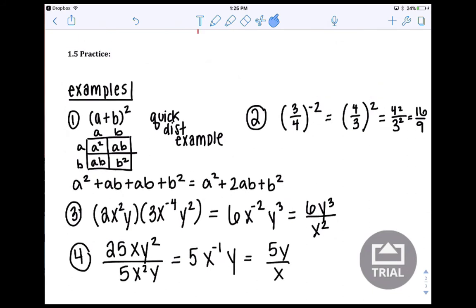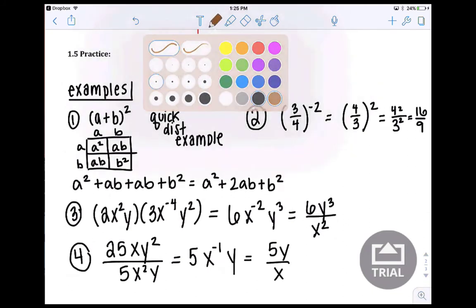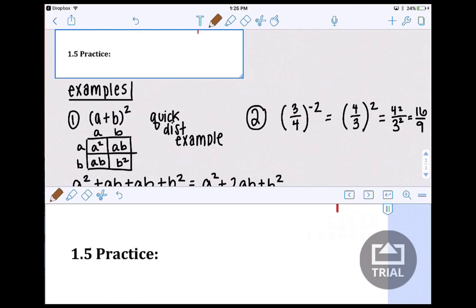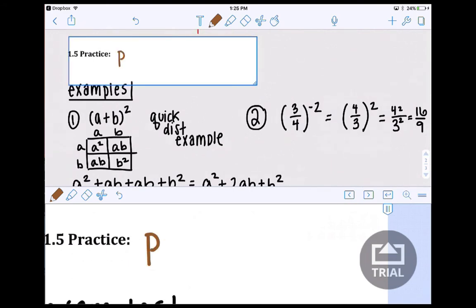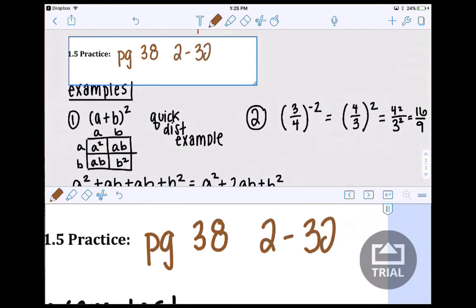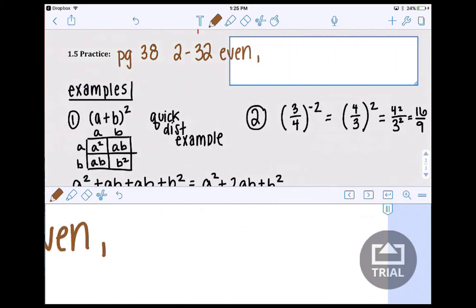Speaking of which, your homework for this section is going to be at page 38. I believe it's 2 through 32 even, but you can check Schoology on that one. And then doing one of the story problems, which I believe I picked 37.